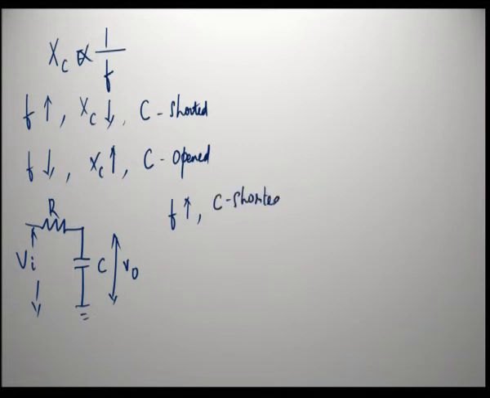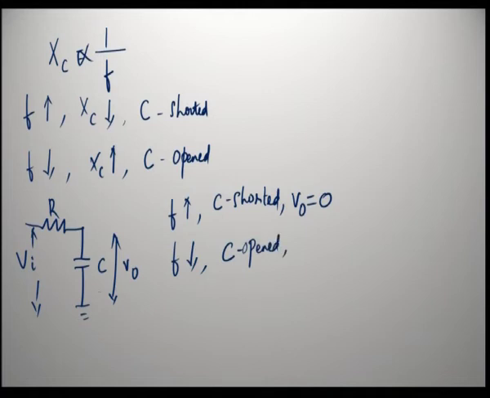So, C is shorted. If this path is shorted, then there is no output across the capacitance. So, the output voltage is 0 for the higher frequencies.